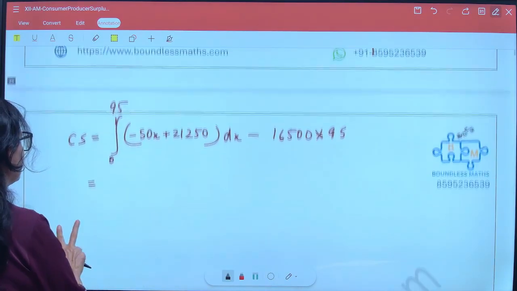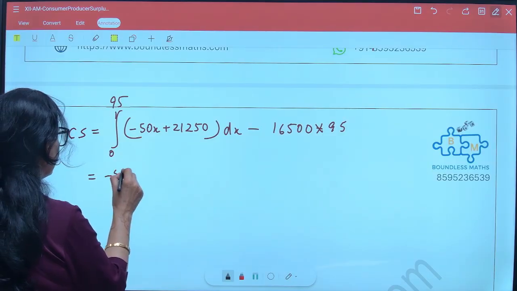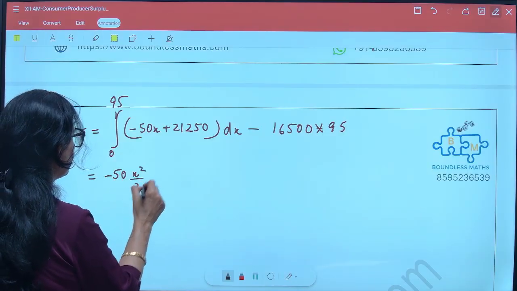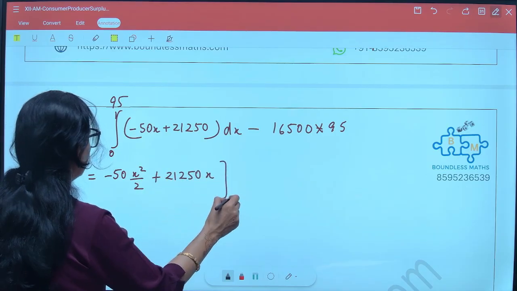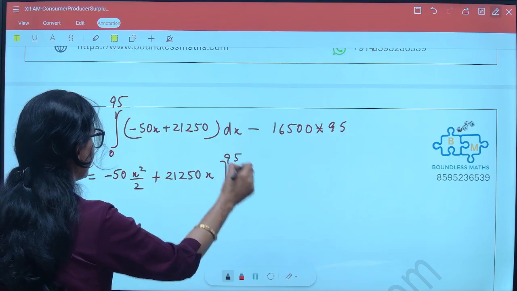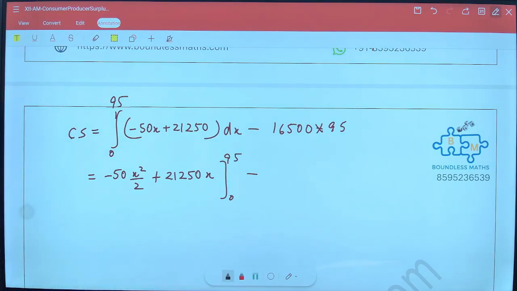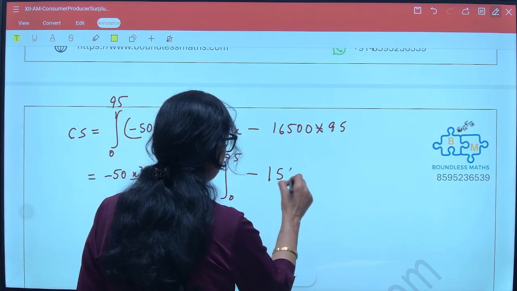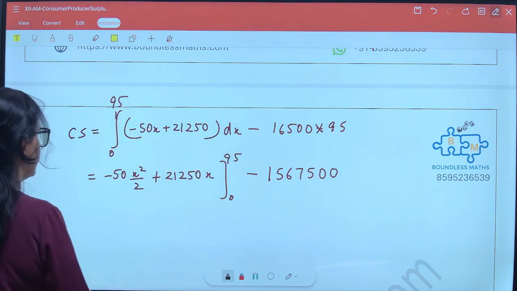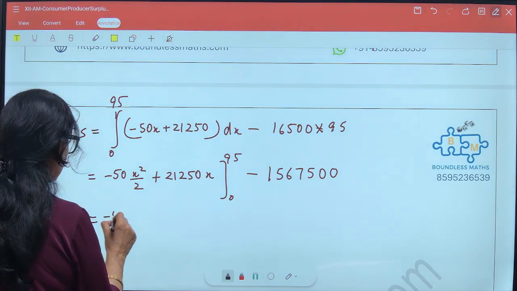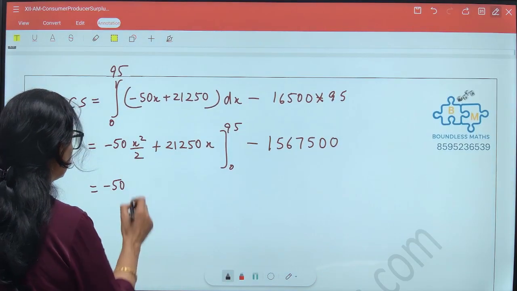So let's integrate this. It becomes minus 50 x square by 2 plus 21250 into x, limited by 0 to 95, minus, what is the product of these two? It is 156750. Yes, there are lots of calculations in this question, so you can't get away with that. You need to do it.